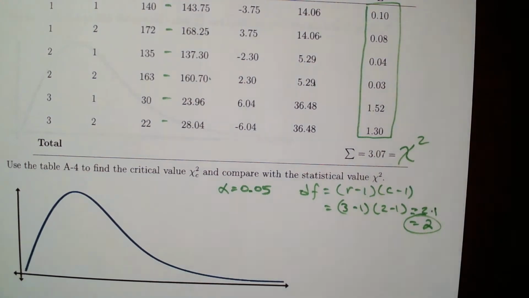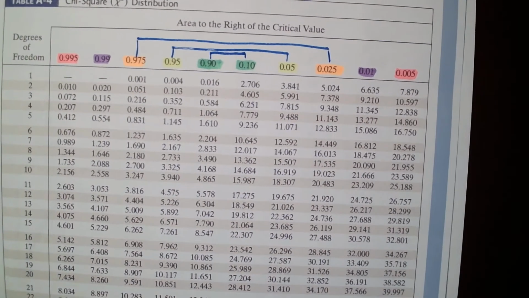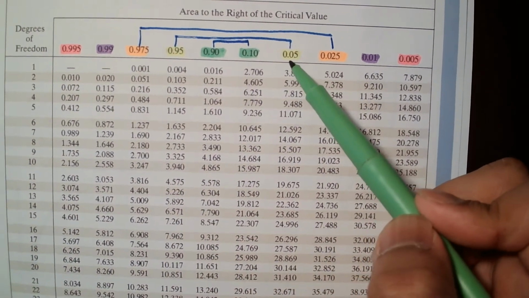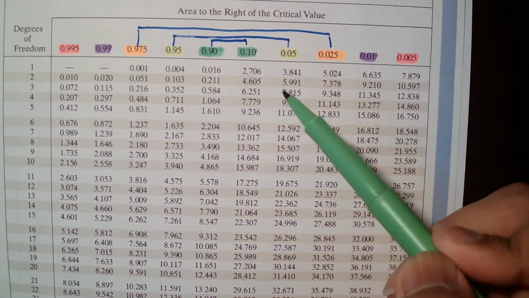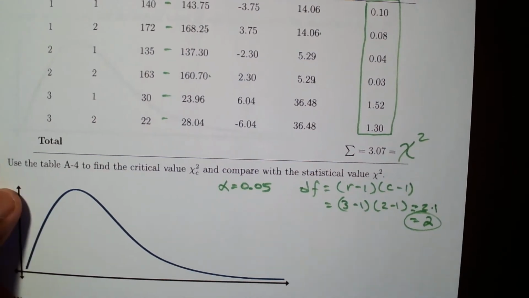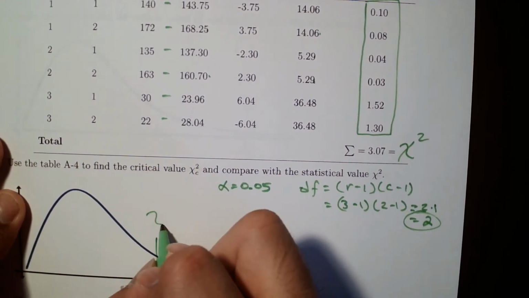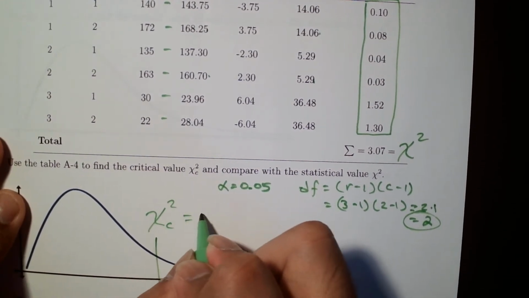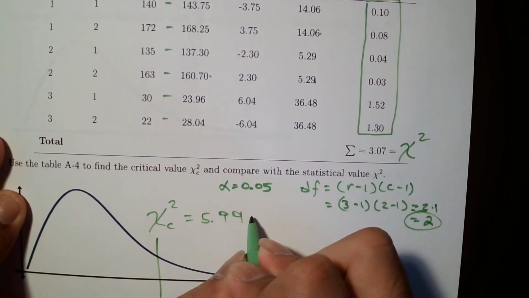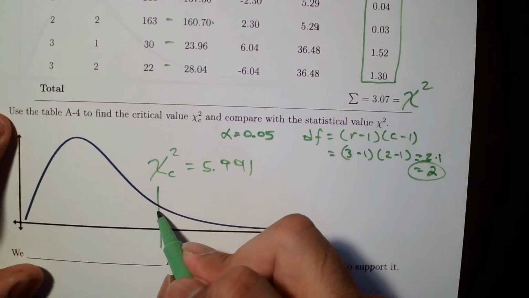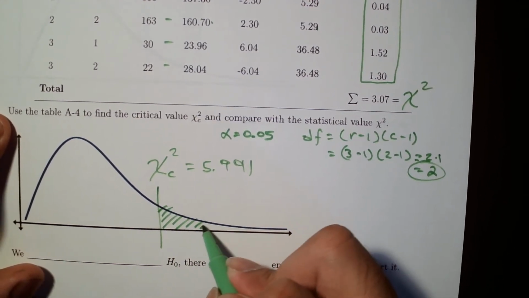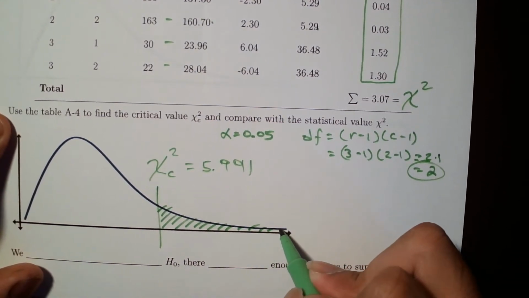Let's go to our table. Alpha 0.05, 2 degrees of freedom. The critical value is 5.991. All right, now observe the statistic value in this case.